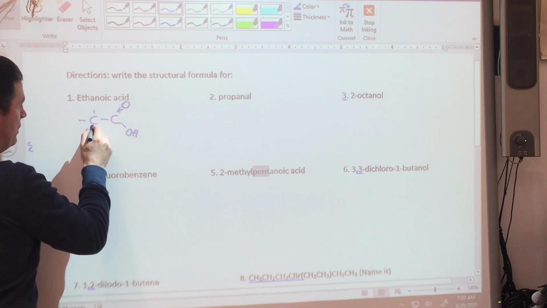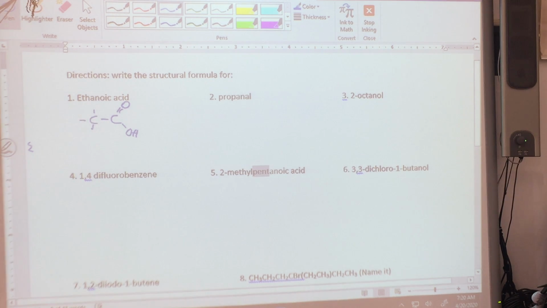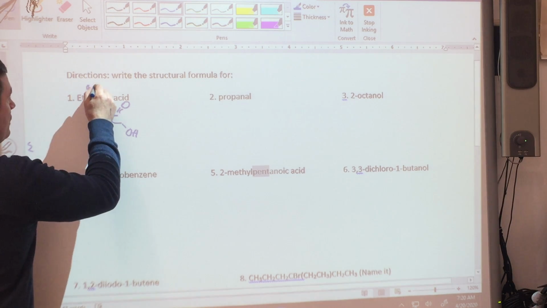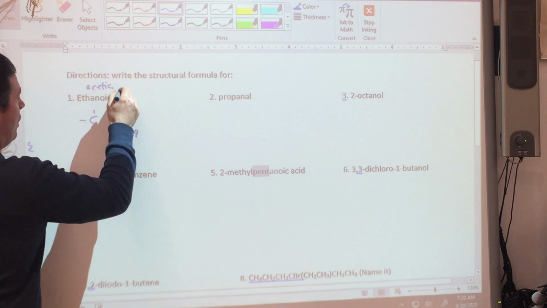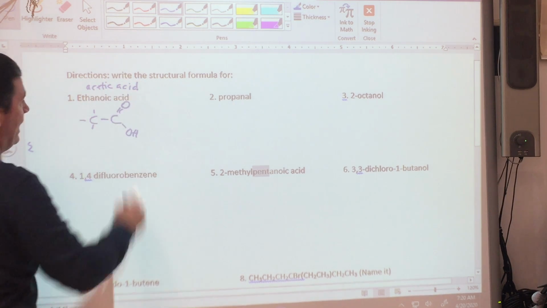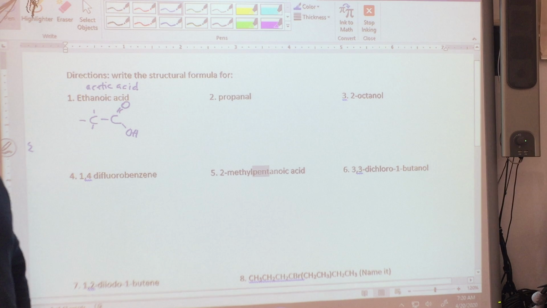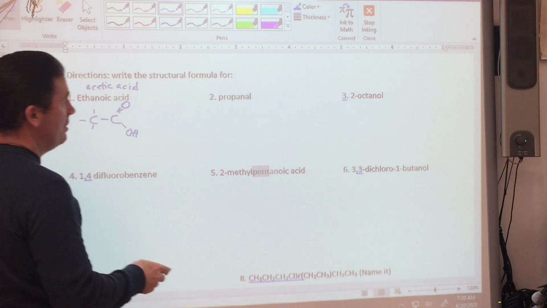And then I just fill the rest in with bonds showing that carbon always has 4 bonds. This has a common name of acetic acid, as we saw before. And acetic acid, remember, is the active ingredient in vinegar. So this is ethanoic acid.